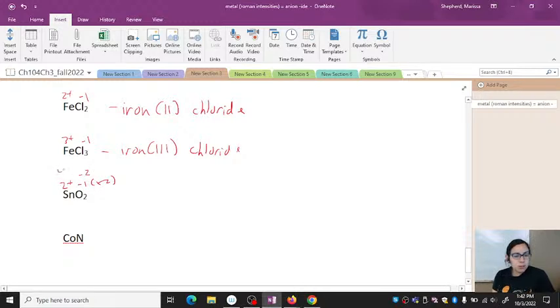So -2 plus 4. So what's our oxidation state for tin? This number? 4, yeah. So tin 4 oxide.